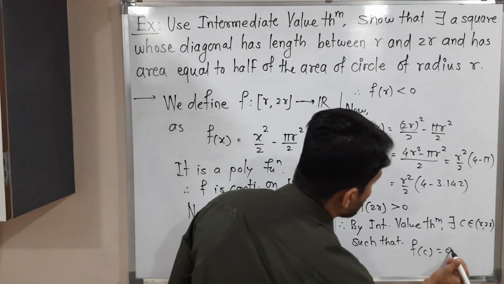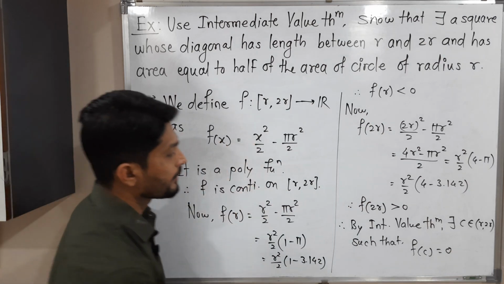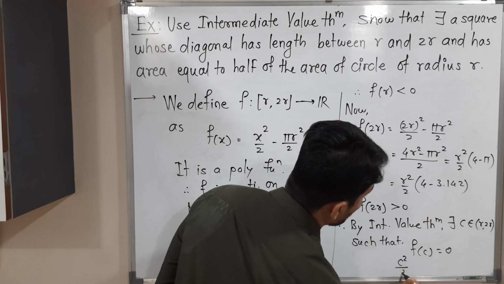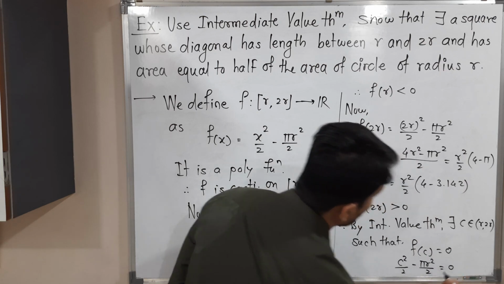But see, what is f of c? Let us find. Let us put x is equal to c here. So we will get f of c, c square by 2 minus pi r square by 2 is equal to 0.